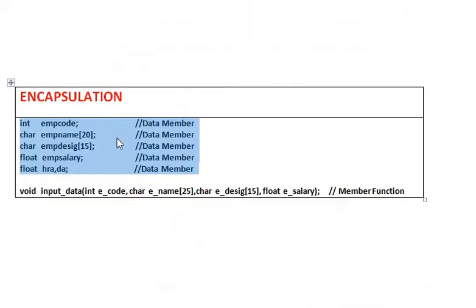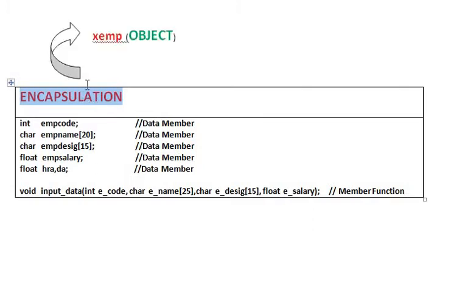So these data members and this member function input_data have been bundled into a single unit to form an encapsulation, and then this encapsulation has been tied to the object xEMP. As a result, these data members and this member function shall operate upon this object xEMP.